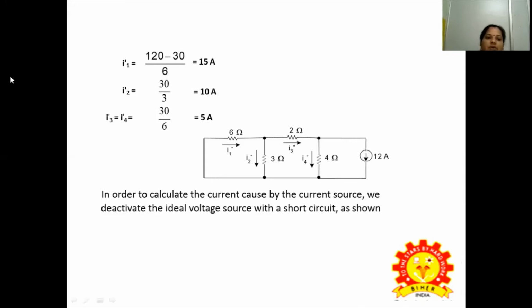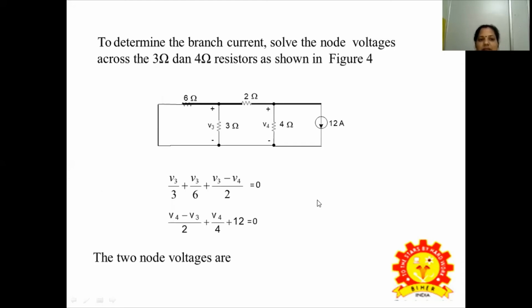In order to calculate the current due to the current source, we deactivate the voltage source, replacing it with a short circuit as shown. To determine the branch currents, solve for the node voltages across the 3 ohm and 4 ohm resistors as shown in the figure.